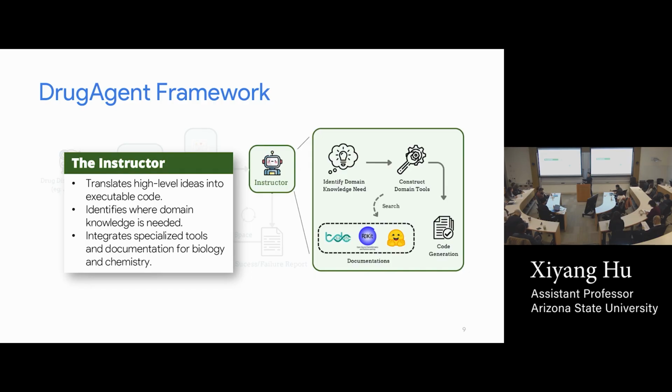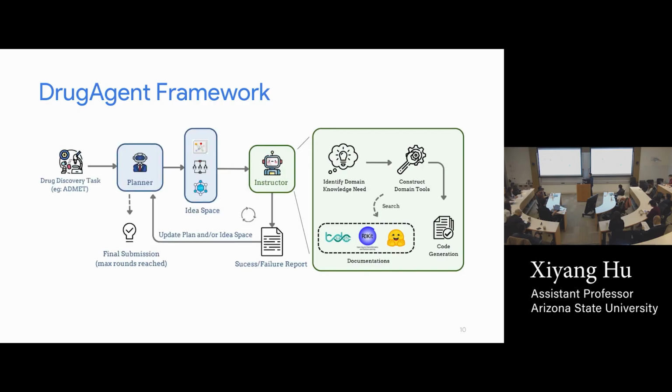Through this process, the important thing is we incorporate domain knowledge, domain documentation, and domain tools from chemistry and bioinformatics so that the instructor knows when to call these domain libraries or tools and where to incorporate these steps into the coding structure. So that's the instructor part.